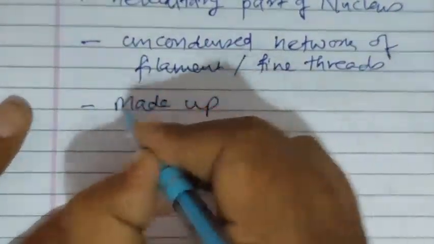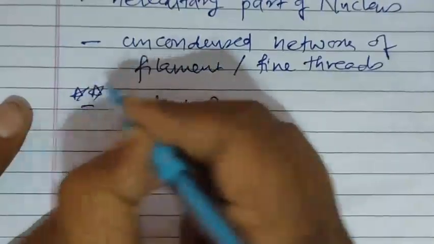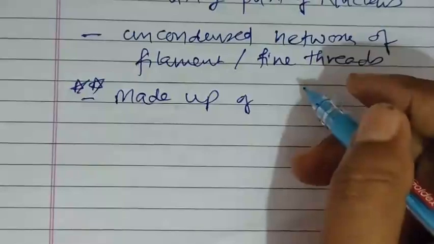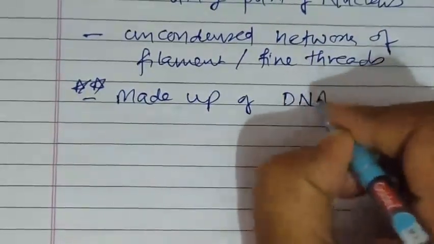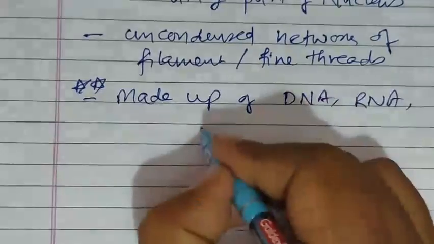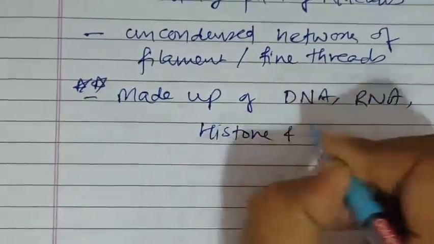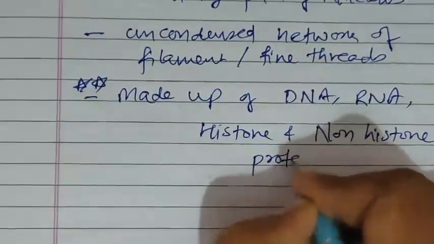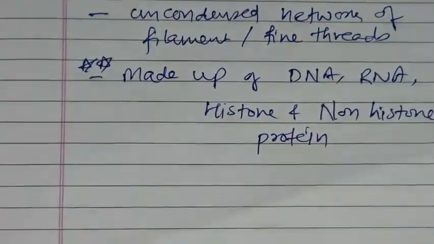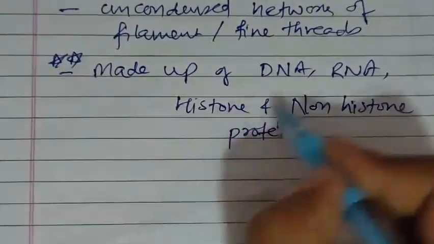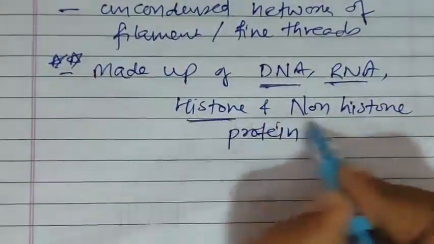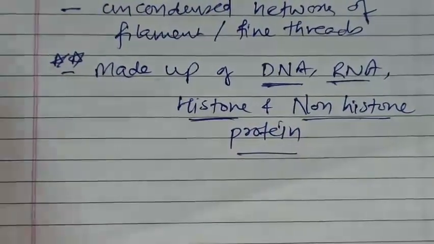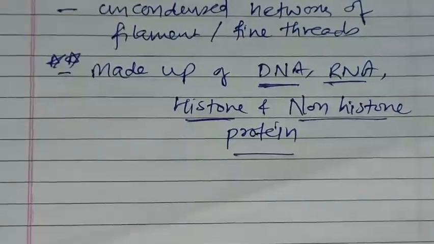This chromatin is made up of, this is the important question that you usually find, DNA, RNA, histone and non-histone protein. Okay, so remember, it is the important question they ask usually, that chromatin is made up of DNA, RNA, histone and non-histone proteins.